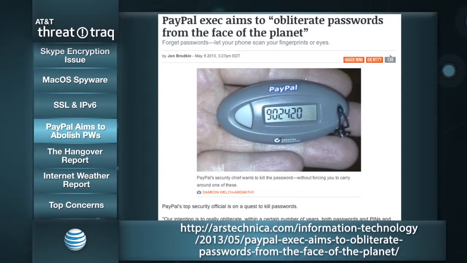Ars Technica published another article a couple of days ago about a push from the president of the FIDO Alliance, who also happens to be the Chief Information Security Officer at PayPal, Michael Barrett, about an open standard that they propose for getting rid of passwords.